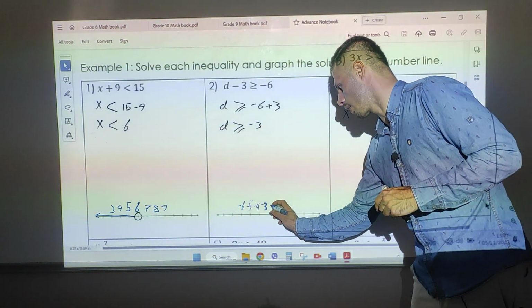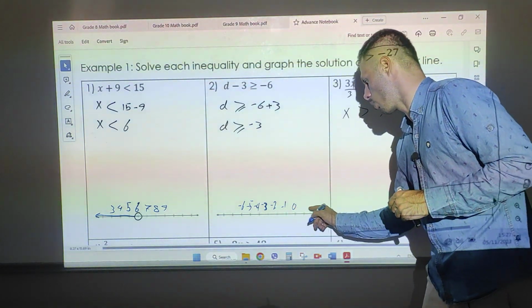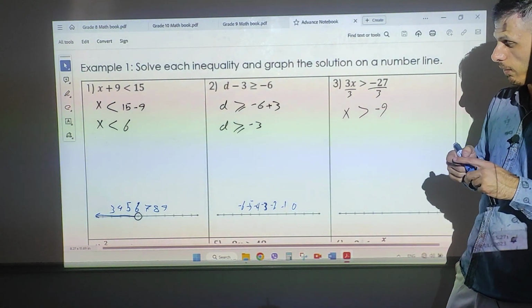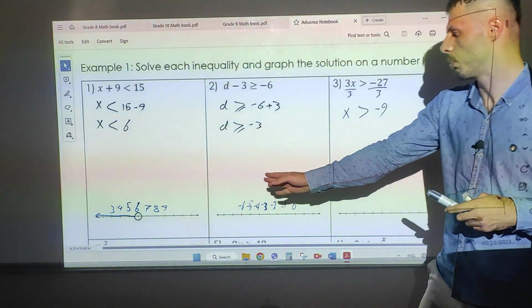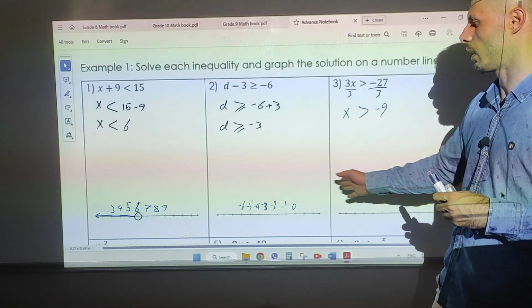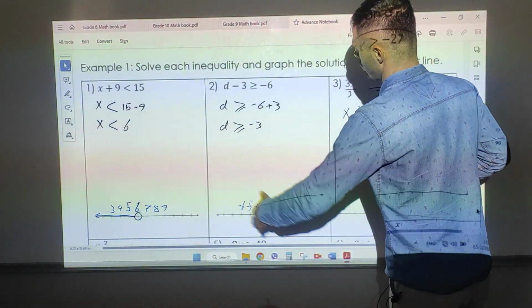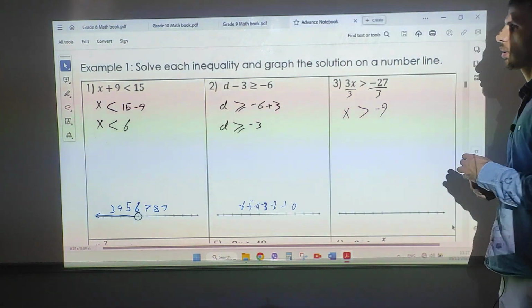This side, -2, -1, 0, 1, 2, 3, 4. But for the positives, it's reverse. Positives to the right, they are increasing, 6, 7, 8, 9. But this one, like that, they go to the left, increasing the number of negatives.